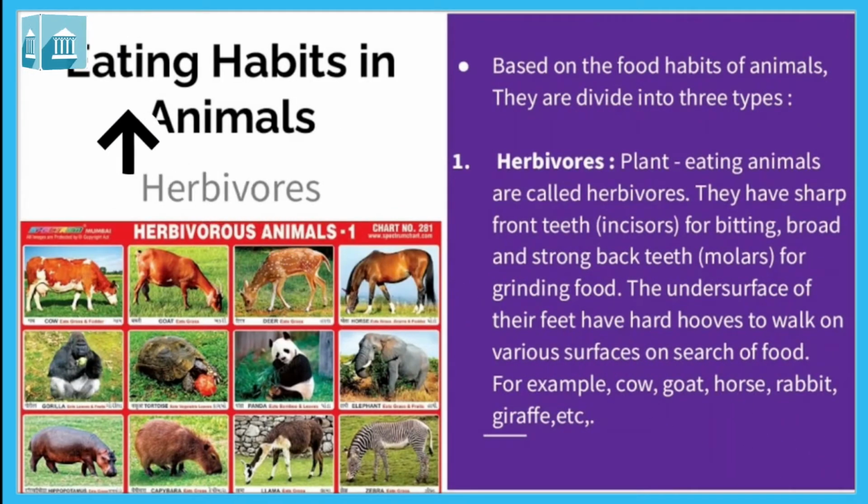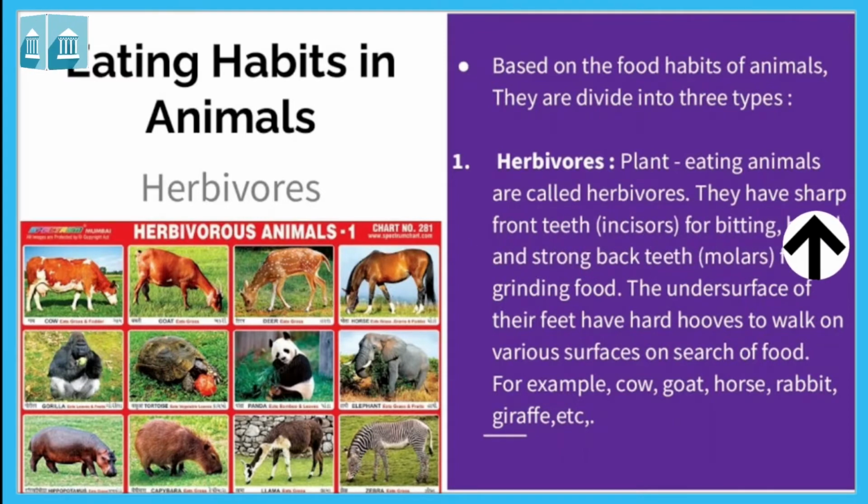Next topic is eating habits in animals, in which, based on the food habits of animals, they are divided into three types. First, herbivores. Plant-eating animals are called herbivores.